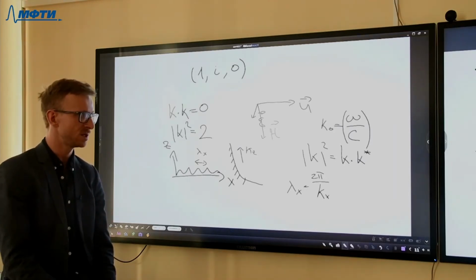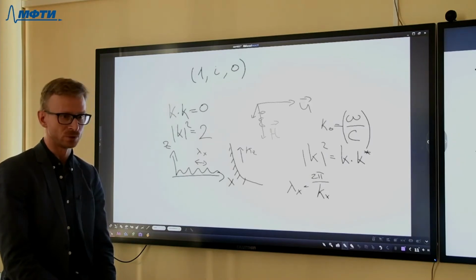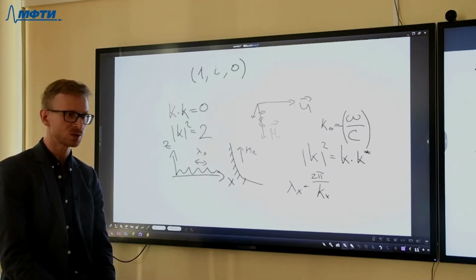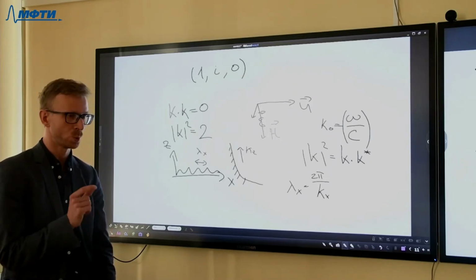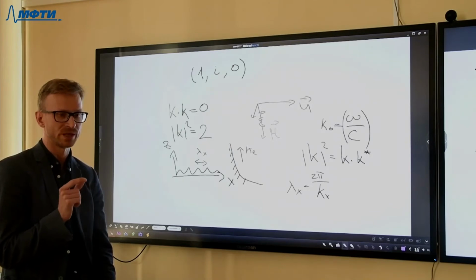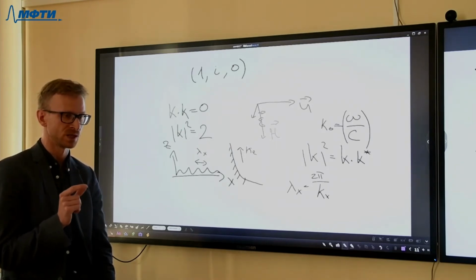And this is the central point of the entire near-field optics, where people utilize near-field excitations, evanescent excitations of free space, of dielectric materials, whose wavelength is much shorter than the wavelength of propagating waves in the same material.